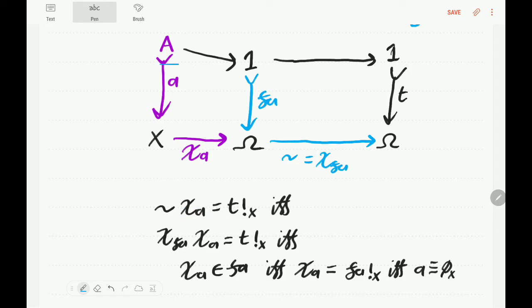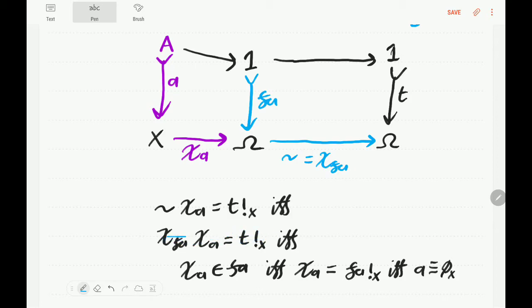In other words, when our subobject A is such that not chi of A sends everything to true, what does that mean about A? Well, we see here. Not of chi of A sends everything to true if and only if chi fa after chi A sends everything to true.